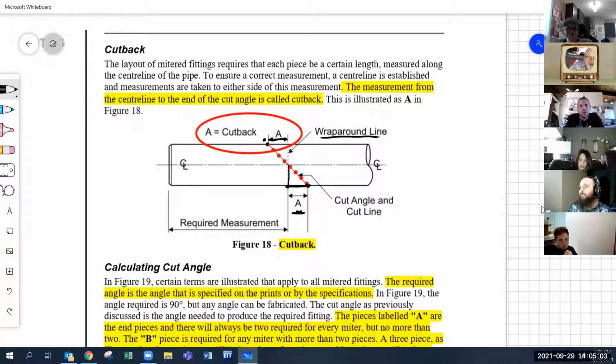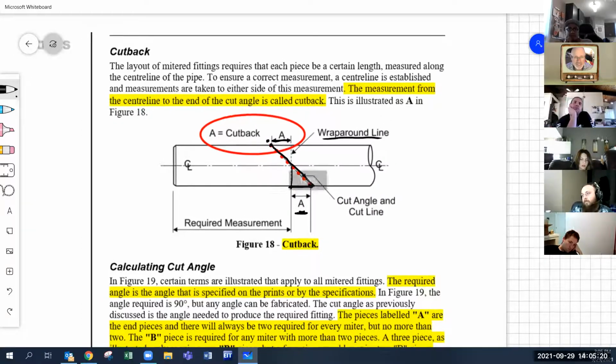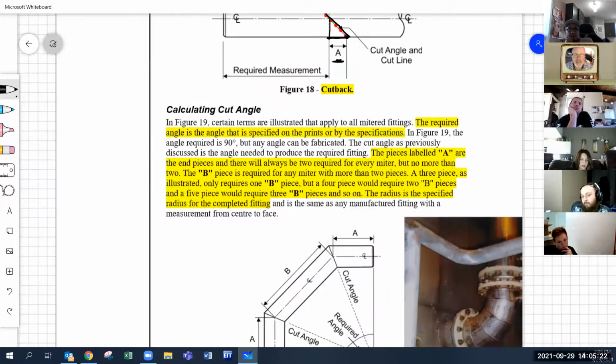Then you could draw a straight line on that piece of pipe to know exactly what angle to cut. If you have cut any kind of pipe with a cutting torch, you know that this can be quite fun and difficult, right? So that's all I want to talk about for the cut angle in here.